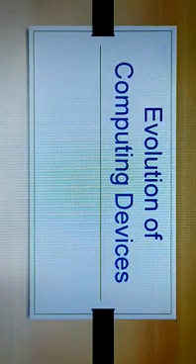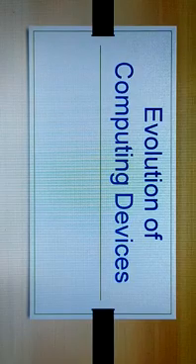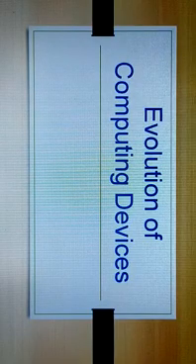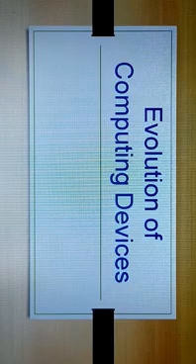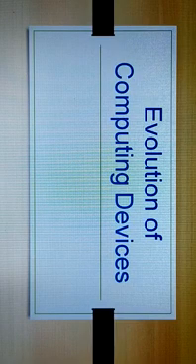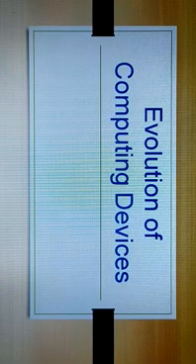In 1934, Howard Aiken built the first fully electromechanical computer named Mark I. And Mark I was the realization of Babbage's dream long after his death.